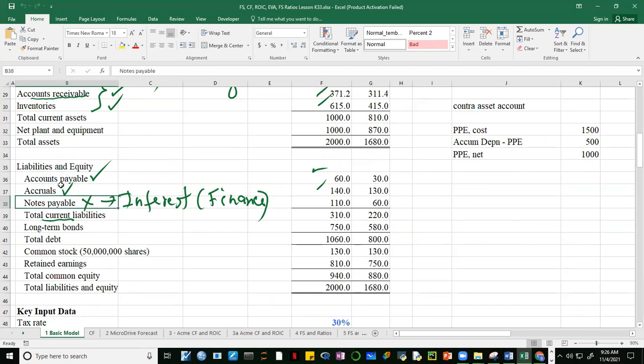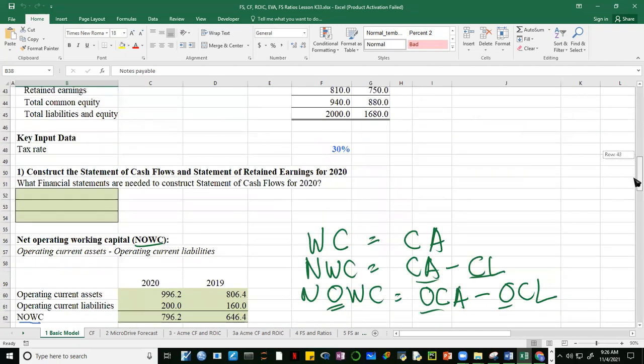We learned last time that of these three, only two form part of your operating current liabilities. Notes payable is not included because this is interest bearing, so this is part of financing activity. We only added 60 and 140 to get your operating current liabilities.